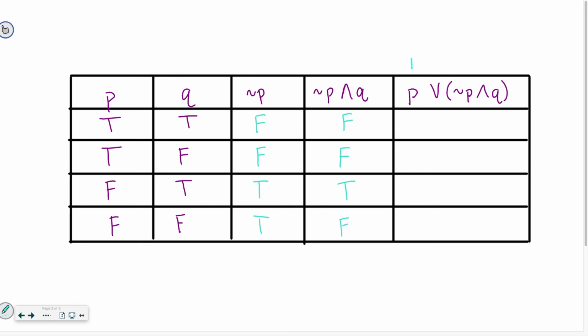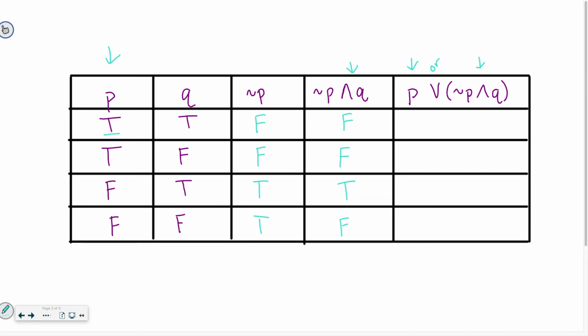So I'm looking at statement P all the way over here on the left, or, and then the statement that I just looked at, right here. So I'm going to look at those two columns, the very first one and then the last one that I've done, and I have an or, so I need one true in order to make the whole thing true.